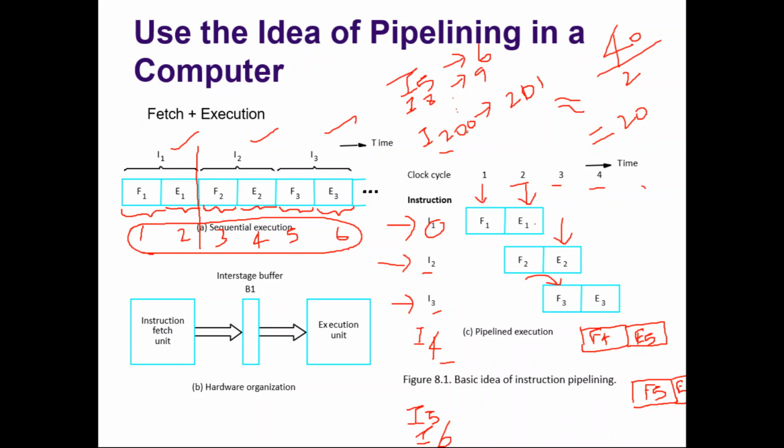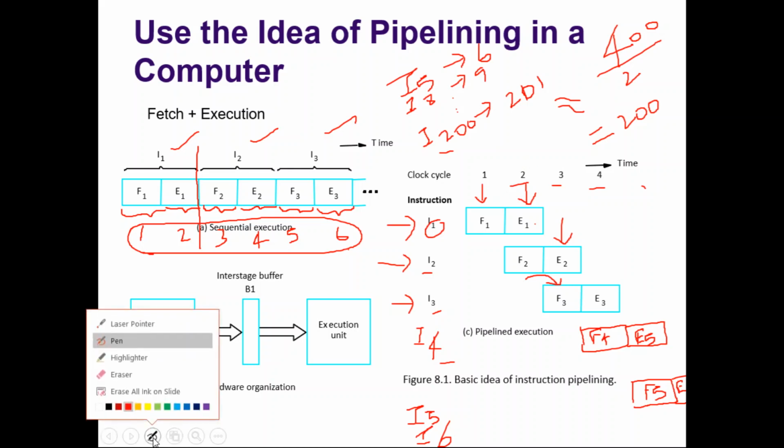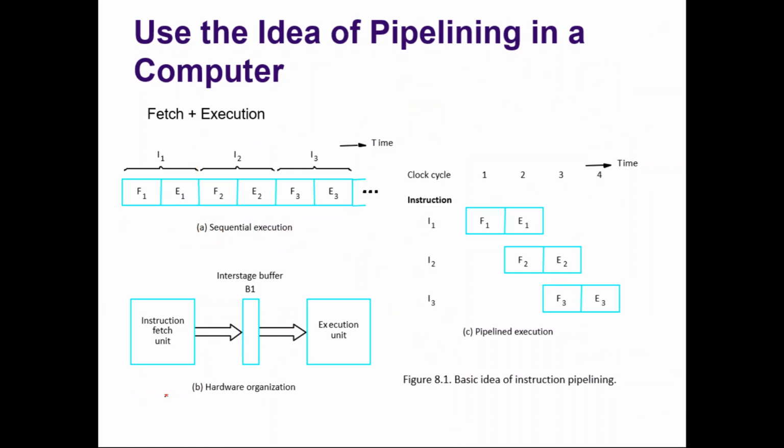But if you execute 200 instructions sequentially, then it will complete at 200 into 2, 400 clock cycles. 400 by 2 is 200, which is very near to this, right? So that's the concept. The performance improvement will be a factor of the number of stages in the pipeline.